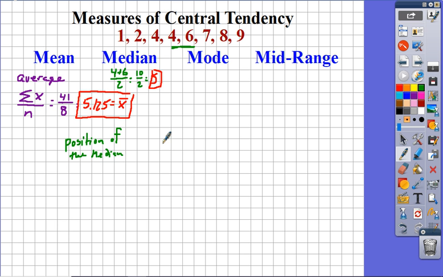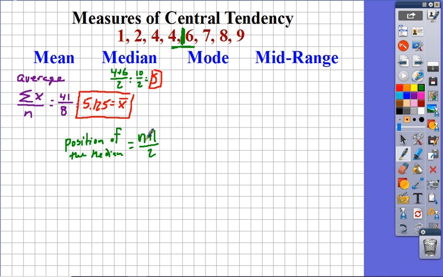So the position of the median is a really simple formula. It's just the number of digits plus 1 divided by 2. So in this case we had 8 digits. We would take 8 plus 1 is 9. 9 divided by 2 would be 4.5. And so notice that 4.5, it's between the fourth and the fifth number. So it tells you that.